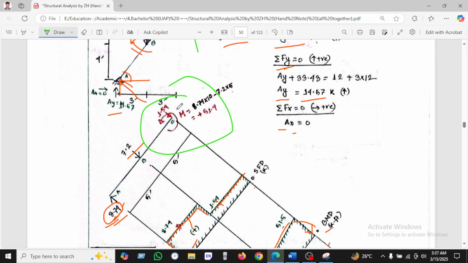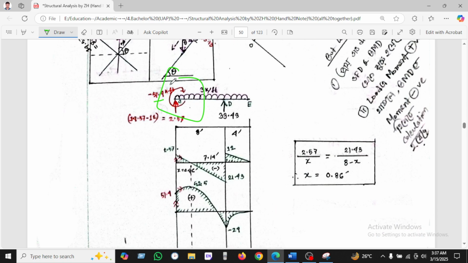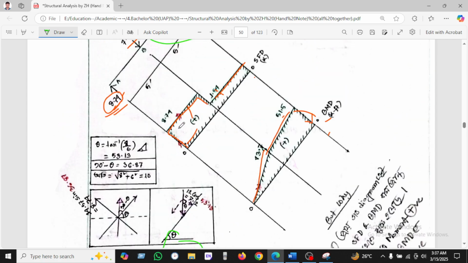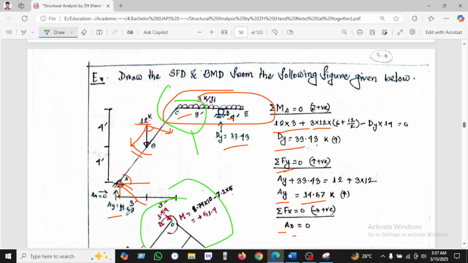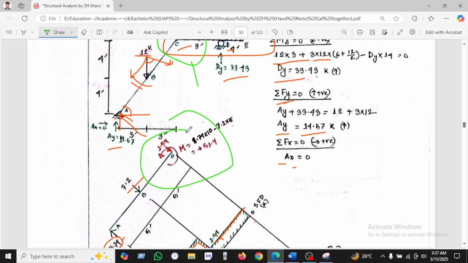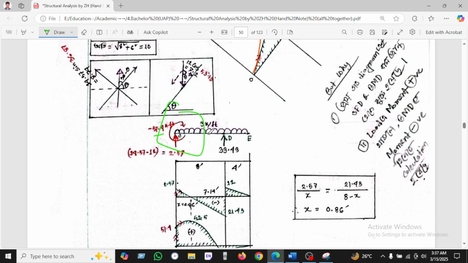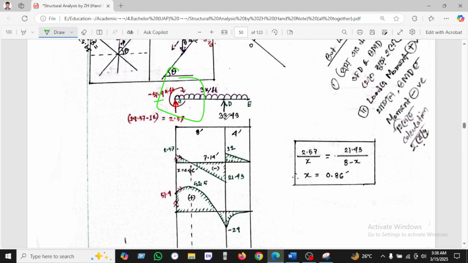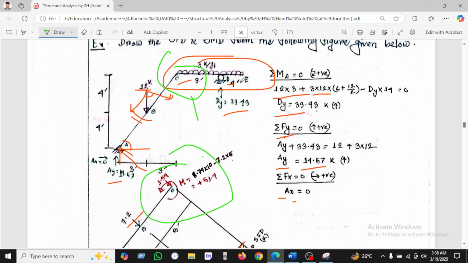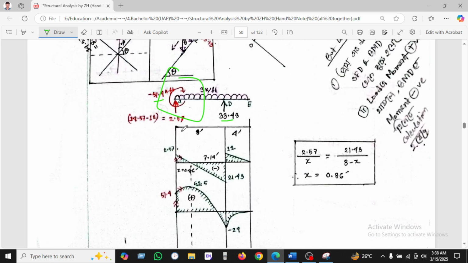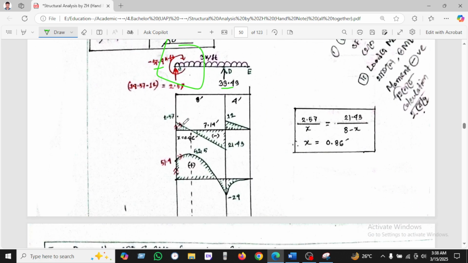It was taken anti-clockwise, but it will be clockwise. And 2.5 will also be taken for balance purposes. Okay, so let's see. Here 30.33 is given upward, and 3 into the distance given, 8 into 4, which is 12, and it will be upward also, 2.57.